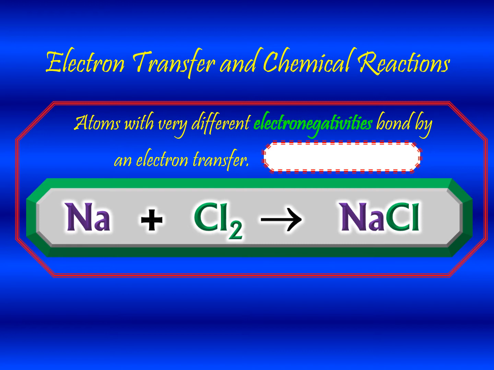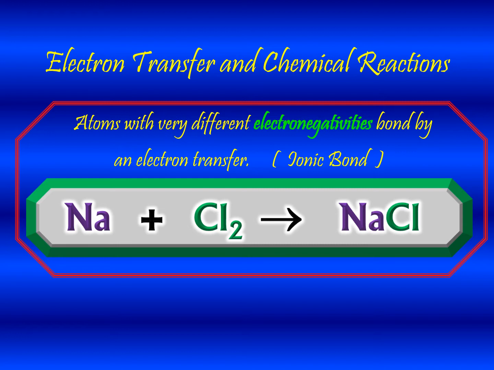This forms what we call an ionic bond. So when an ionic bond forms, no matter what, there's definitely an imbalance in the pull on electrons. A huge difference of electronegativity, large enough for the electrons to be completely transferred.